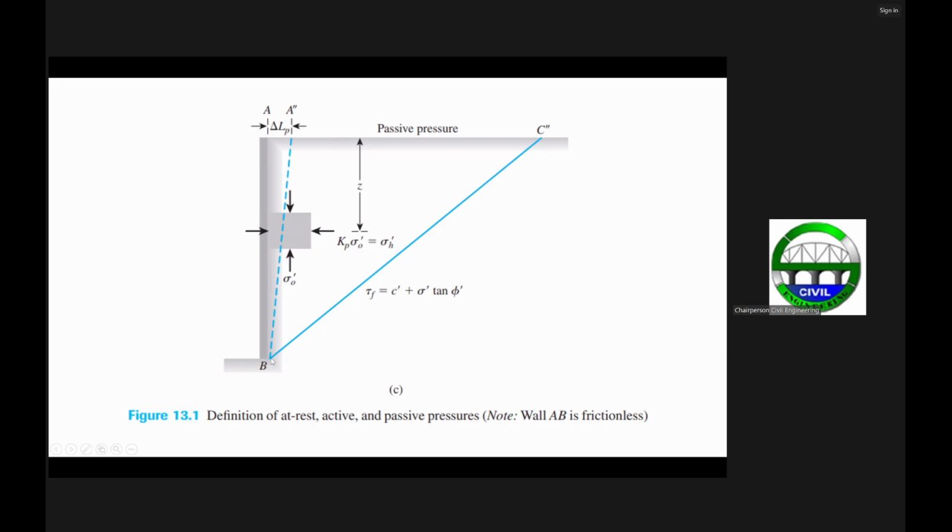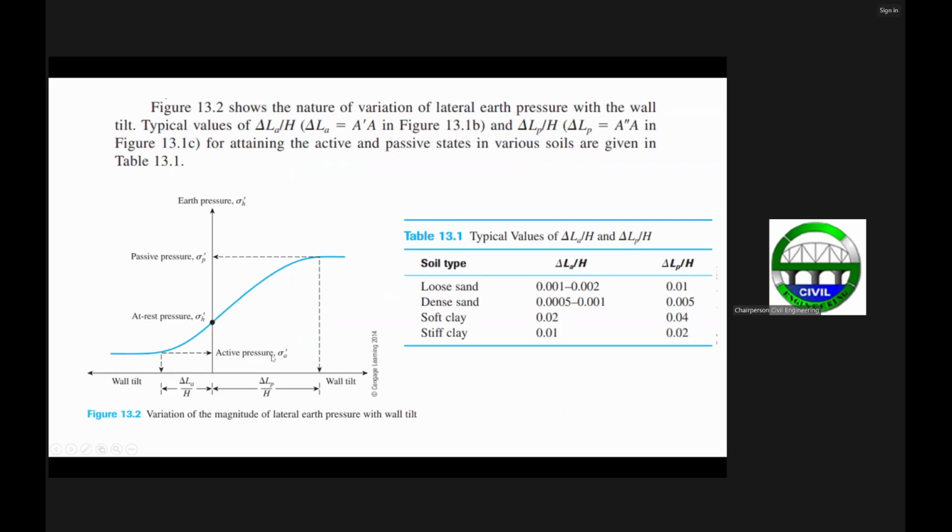Now, with respect to the bottom. With respect to that movement, that's the ratio of the movement to the height of the wall, with respect to the active earth pressure, as well as the movement of the wall to the height of the wall considering the passive pressure.